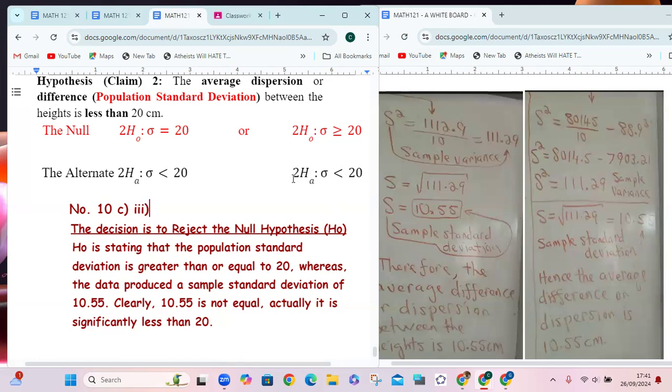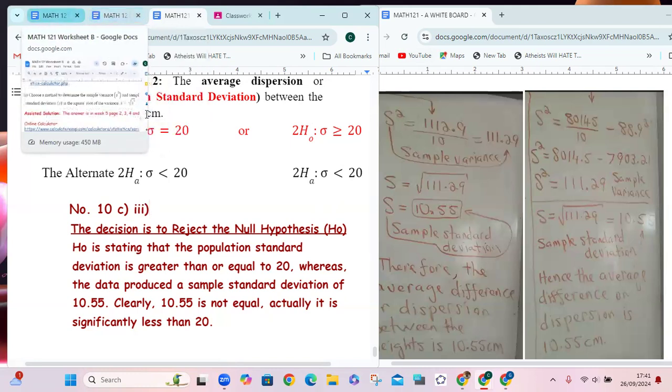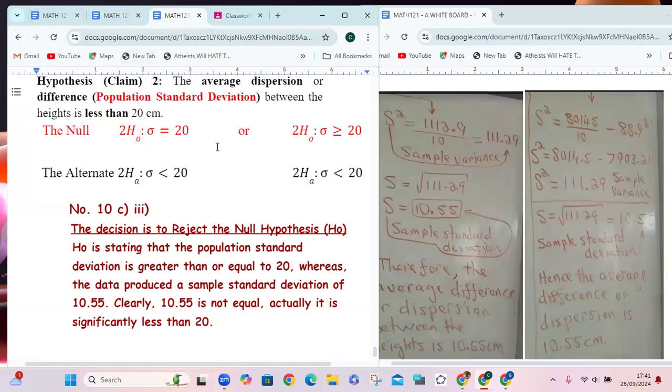So here we have to conclude with the alternative, and we have to write it out in words. We have to begin by saying "based on the data," because another researcher might not just take a sample of 10, might take a sample of 100 and come up with a different standard deviation, probably 42, for example.